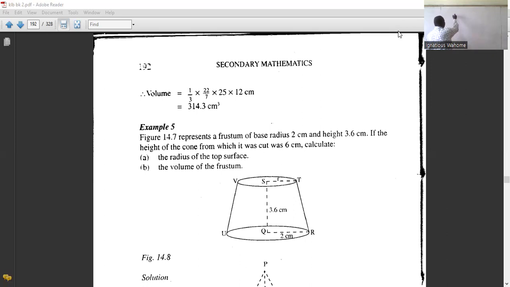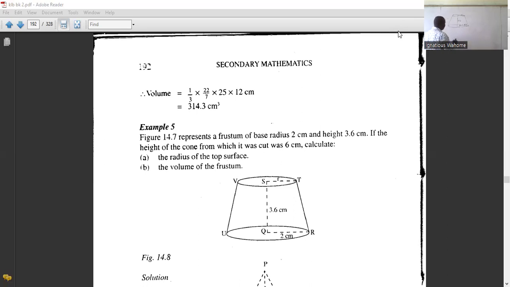So let's have this as a frustum. We already have the height, which is 3.6. The top radius we don't have. And then you have the base radius, which is 2 centimeters.